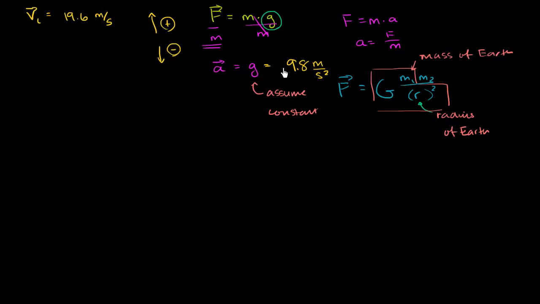So little g, if we want to give its direction, is negative 9.8 meters per second squared. So the acceleration due to gravity is negative 9.8 meters per second squared.